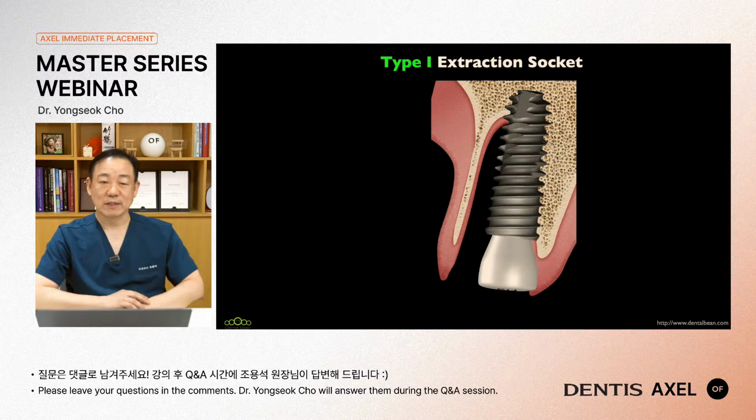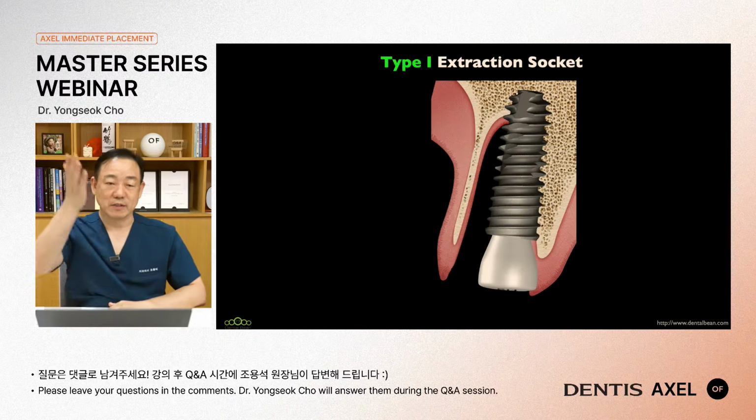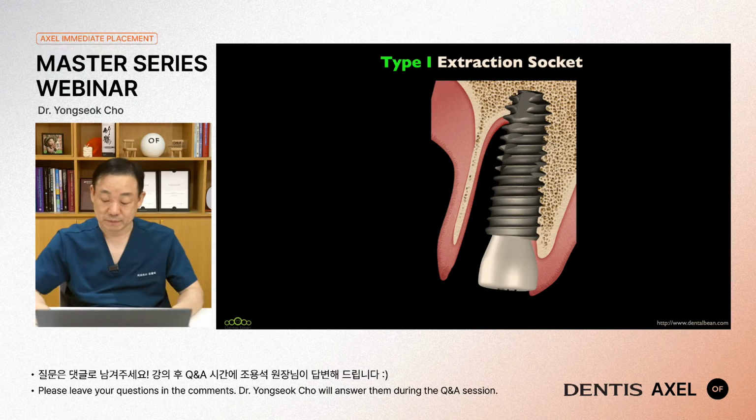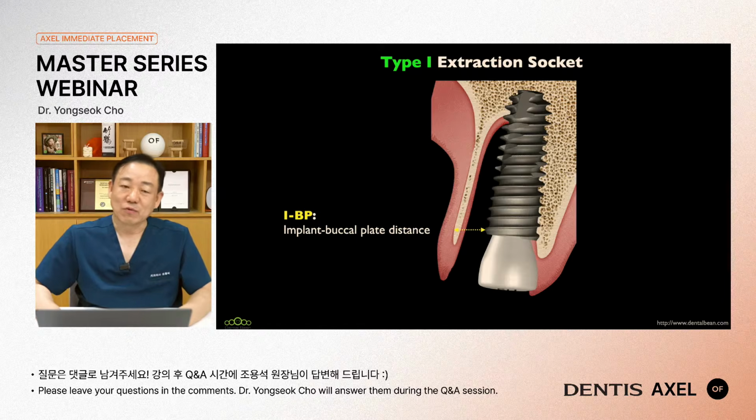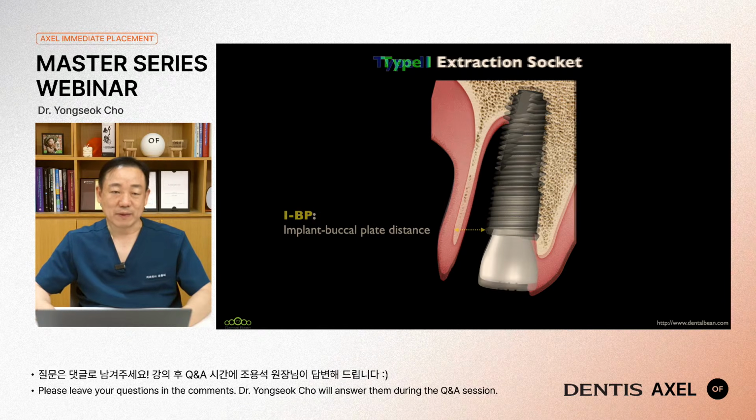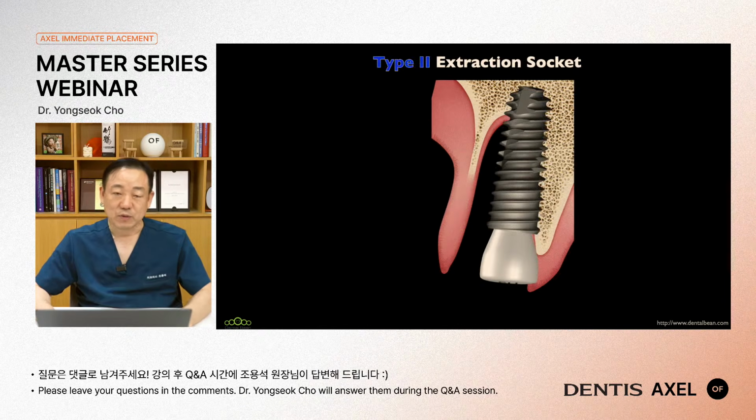This is a type 1 extraction socket which has a sound labial plate. IBP is from the buccal labial plate to the implant. At the central incisor, it was usually about 3 millimeters. However, when it is not a type 1 extraction socket, when the labial plate is lost, we cannot measure IBP.